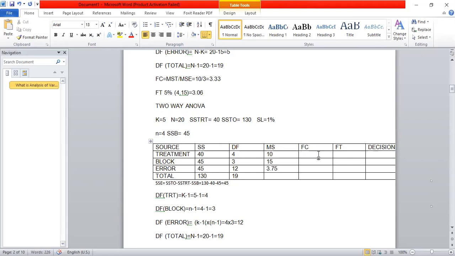So a two-way Anova has two F calculated. So we'll be dividing this into there, this into there. So the F calculated here is error into treatment, and error into block.